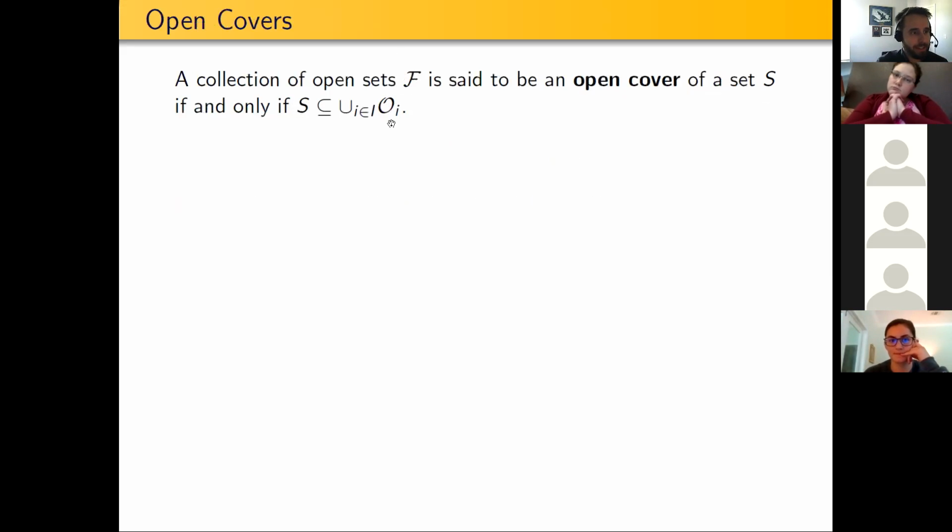Right, so our F was the set of all of these O sub i's. If we took the union of all those O sub i's and that contained S, we said that F covered S, or that F was an open cover of S.